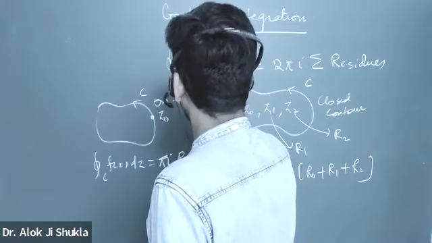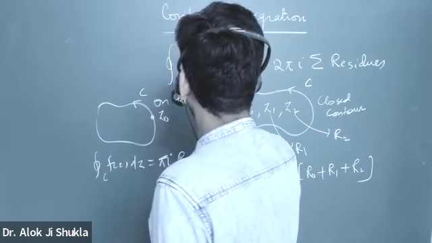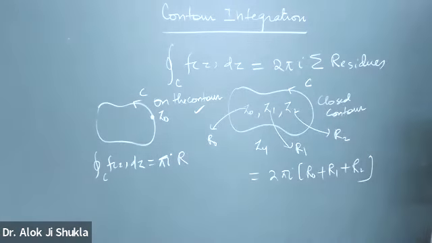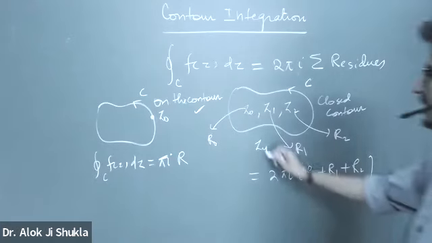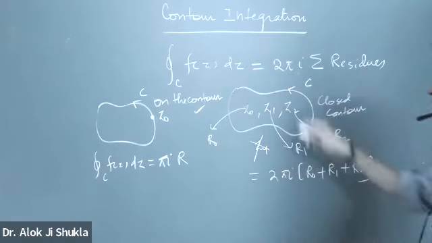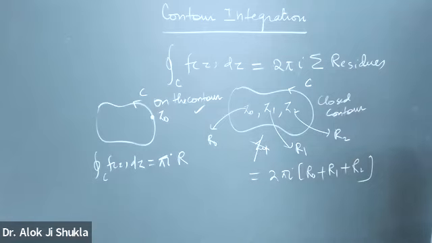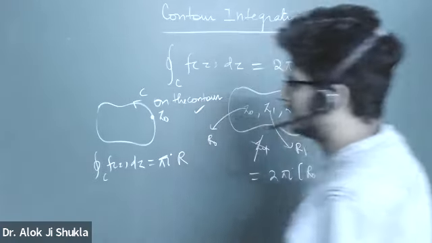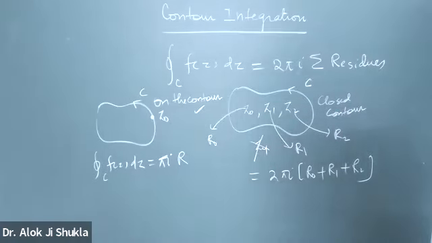But if the pole is outside the contour, it will not be considered as a pole. So a pole will be considered only within the contour. All right. So this is the contour integration that we are going to discuss right now.